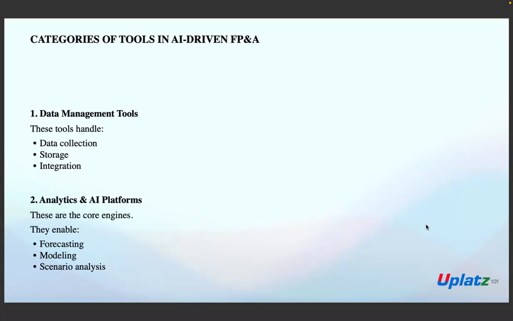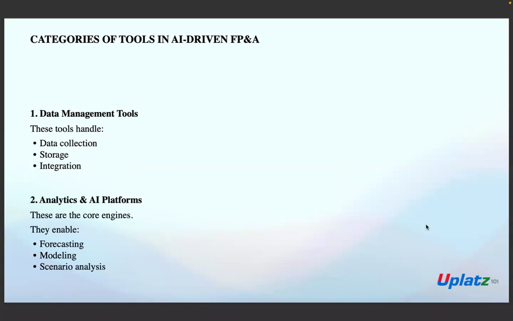The first is data management tools. These tools handle data collection, data storage, and data integration.